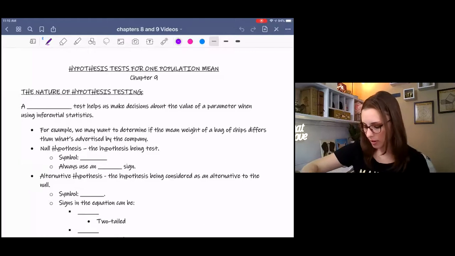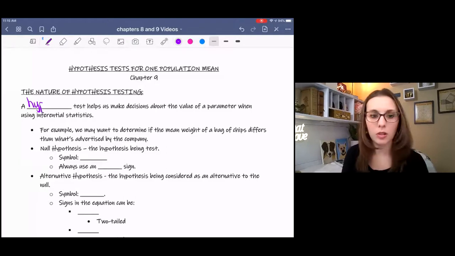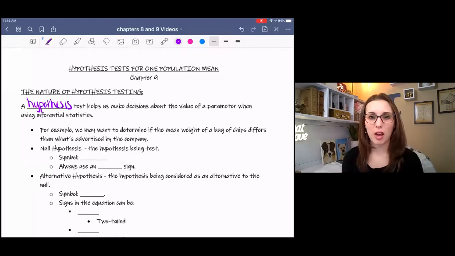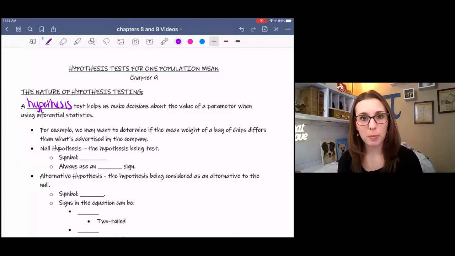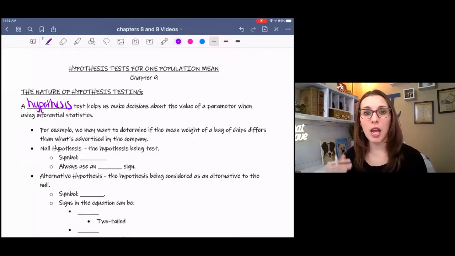A hypothesis test helps us make decisions about the value of a parameter. Remember, a parameter is a value used to describe a population when using inferential statistics. And remember we had two types of statistics: descriptive and inferential.